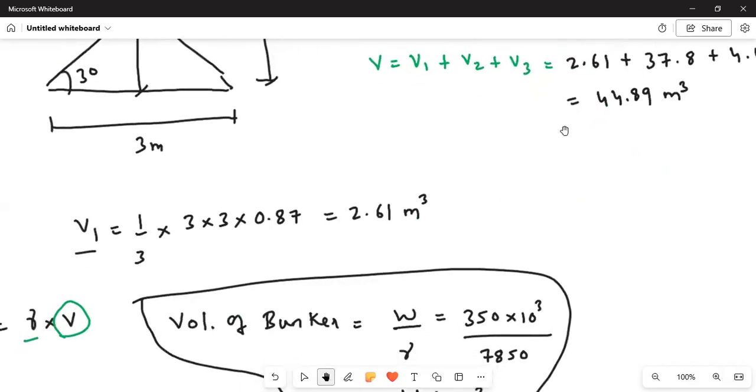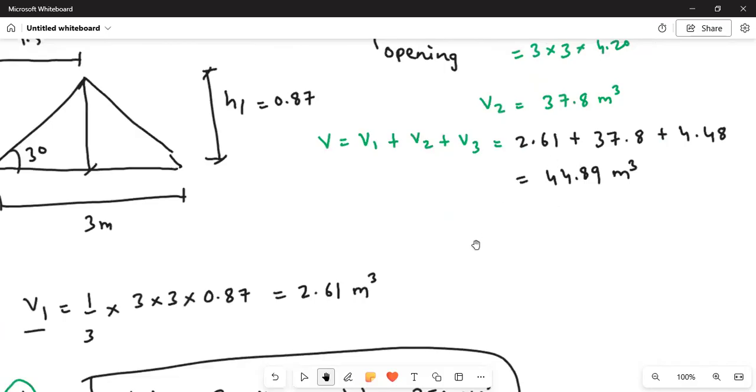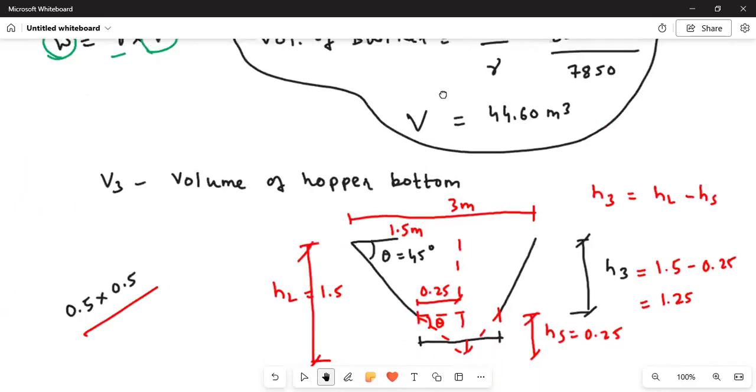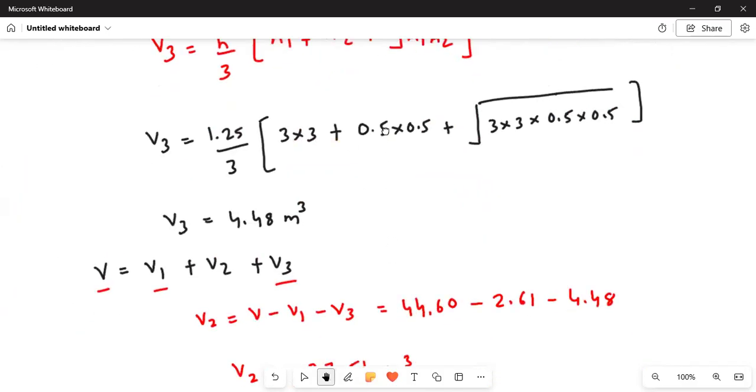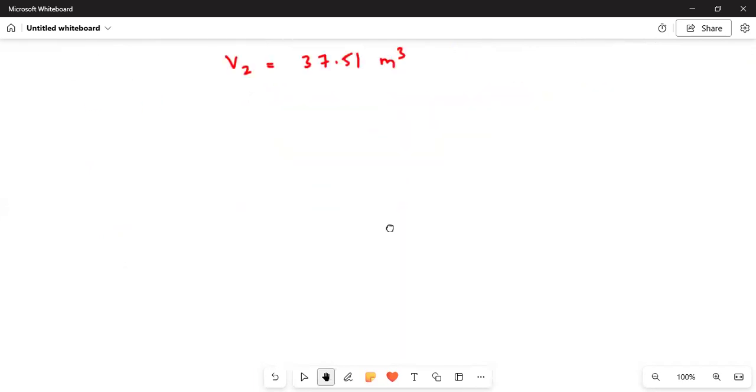Now, since you have changed the volume, weight will also be changed. Because what is weight? Weight equal to volume into density. So weight will also change because you have increased the volume of the bunker. So weight of the coal equal to volume into density.